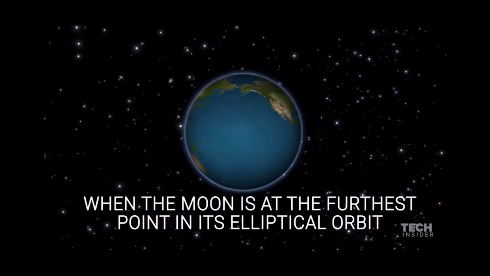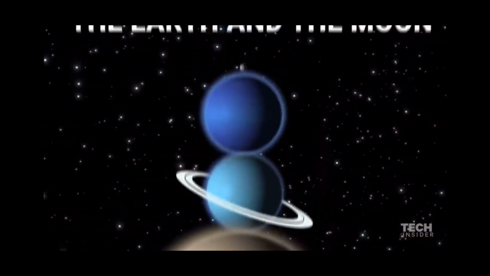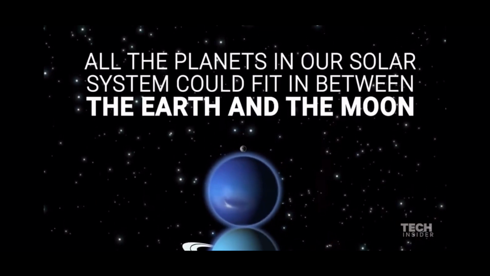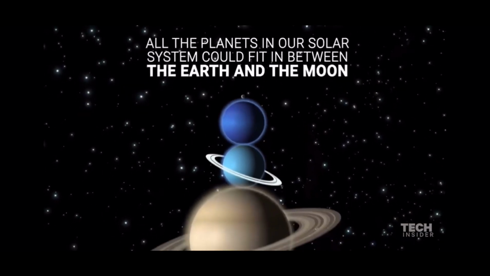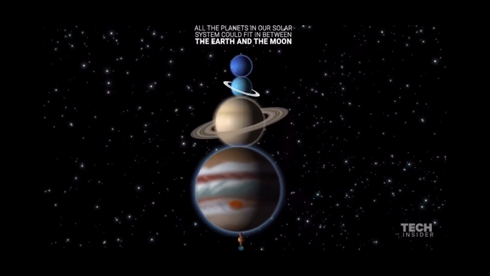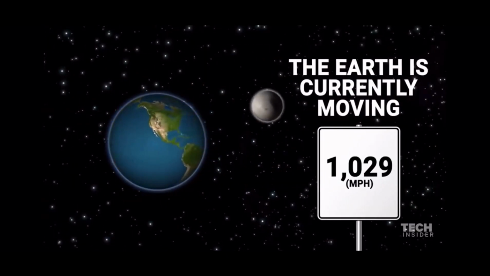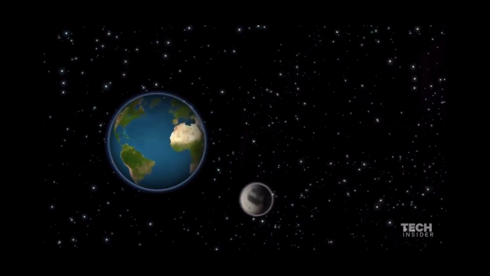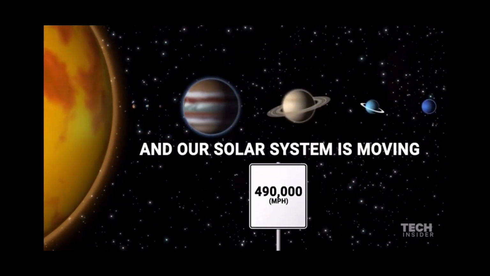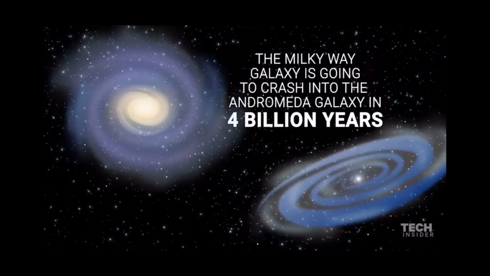When the moon is at its furthest point in its elliptical orbit, all the planets in our solar system could fit in the space between our Earth and our moon. The Earth is currently moving 1,029 miles per hour, and our solar system is currently moving 490,000 miles per hour. It's a pretty good thing we have gravity to keep us on the planet. Our Milky Way galaxy is going to crash into the Andromeda galaxy in 4 billion years.